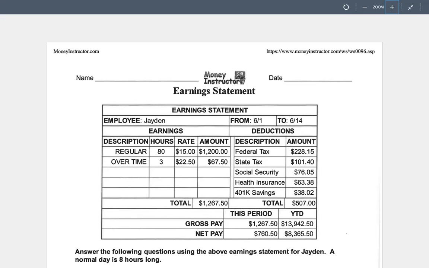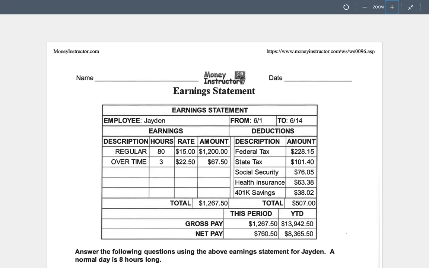Deductions. Look back up to the top of the right-hand side of this earning statement. Deductions, you have over here underneath the dates from 6/1 to 6/14. Do you see where it says deductions right underneath that? So deductions, these are the items that come out of your paycheck.